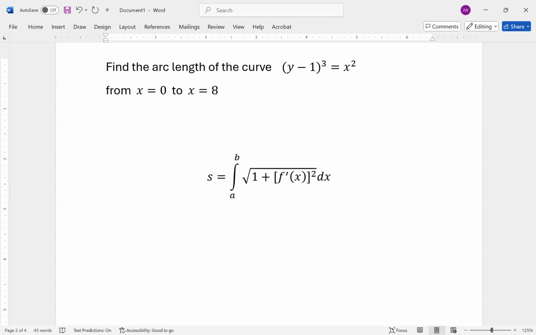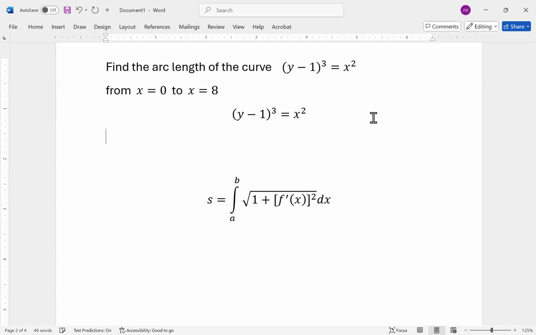So let's start with integration with respect to x. That means I need to solve this equation for y. I need to end up with y equals something. So again, I'm just manipulating now, and I could take the cube root of both sides, or I could think of this as taking both sides to the 1/3 power.